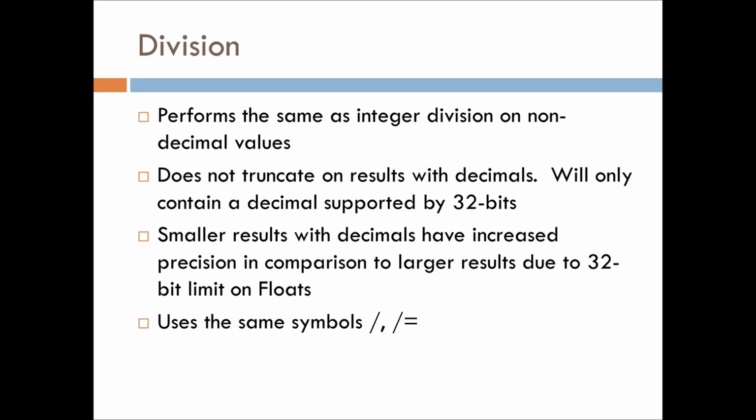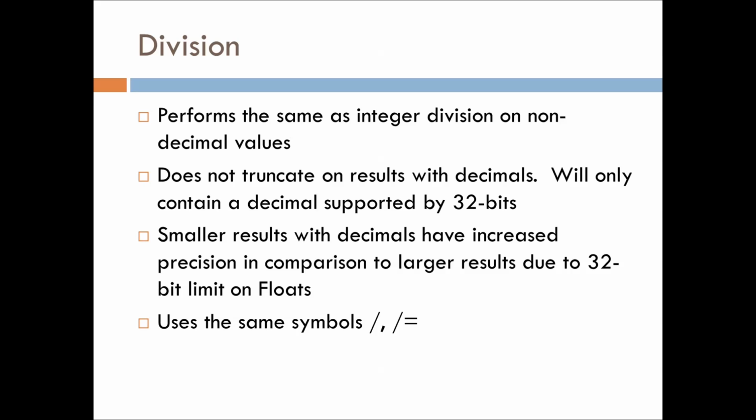Okay, division. It performs the same as integer division on results that are not decimal values. It will put a decimal point, like 0.0 or something, on there, but it essentially works the same. It does not truncate results where there are remainders, though.